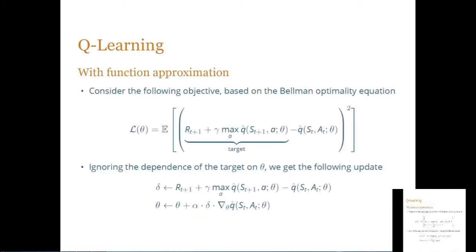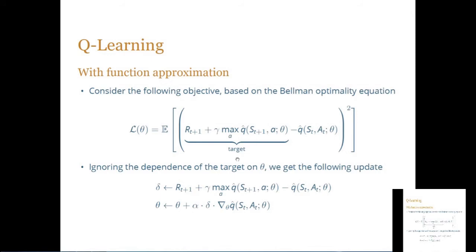So how can we extend Q-learning with function approximation? We can do the same as we did with SARSA. So we again consider the objective based on the Bellman optimality equation now instead of the Bellman evaluation. And in this case, we have this maximum here. We again replace our Q function by an estimate of it. So instead of having Q, we have Q hat, which is parameterized by theta.